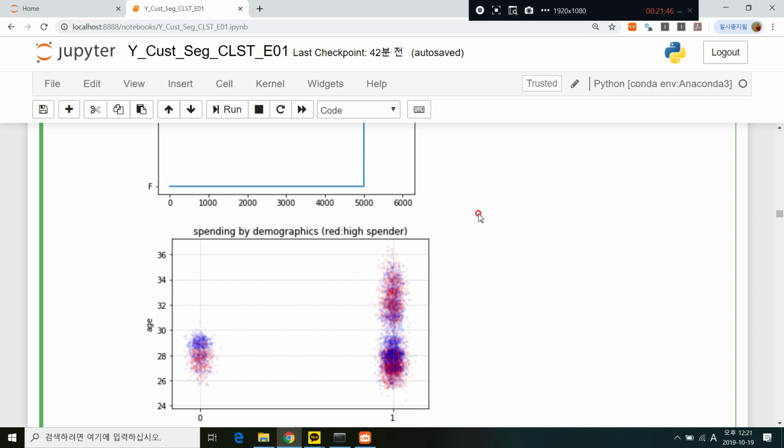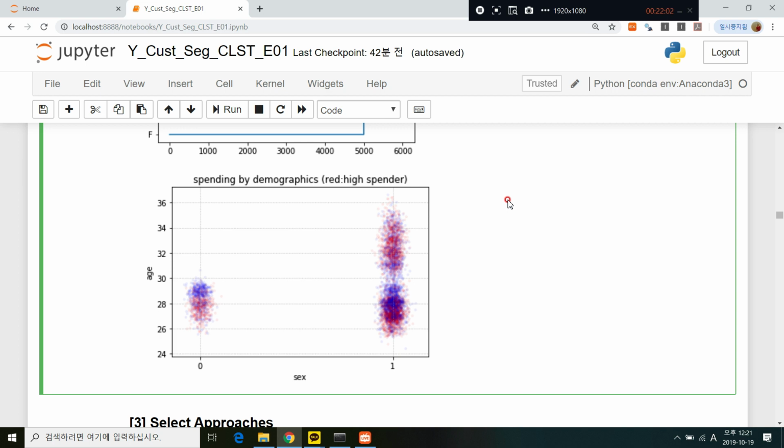actually, it is a sort of scatter plot, but it's quite similar to a box plot. I often use this kind of scatter plotting here. Take a look at this. The x-axis represents sex, and the y-axis is age.